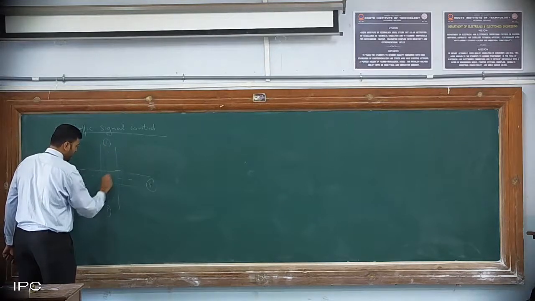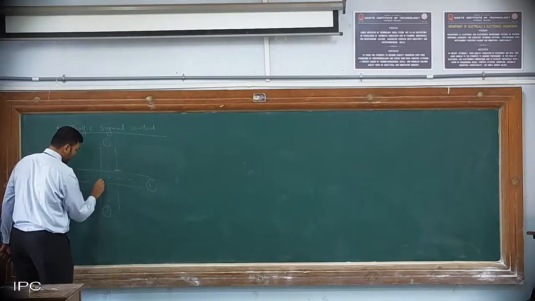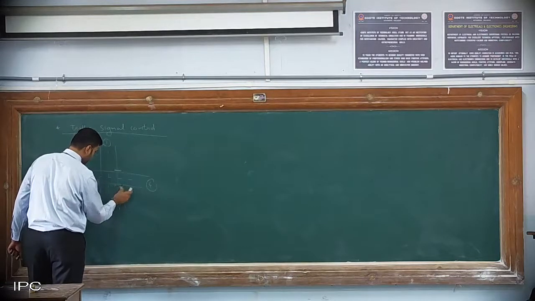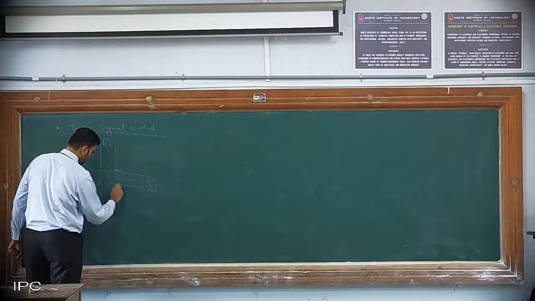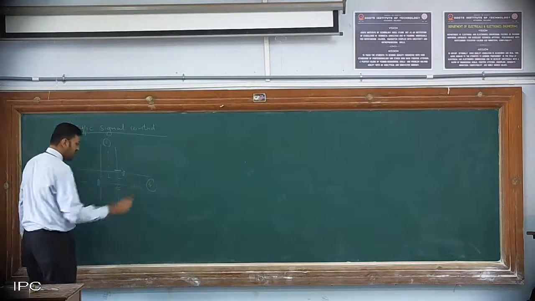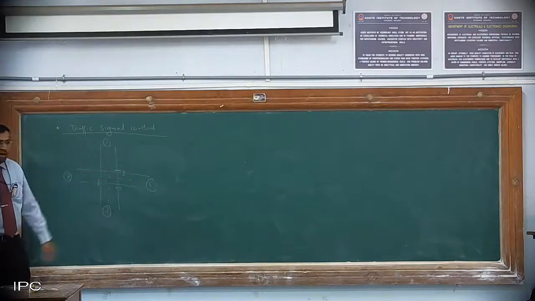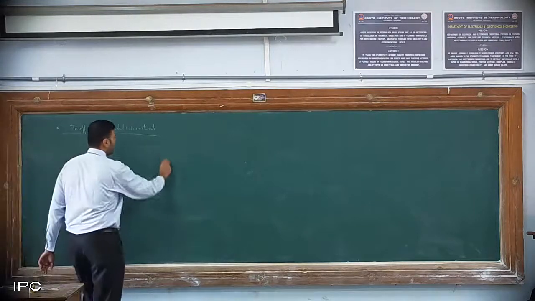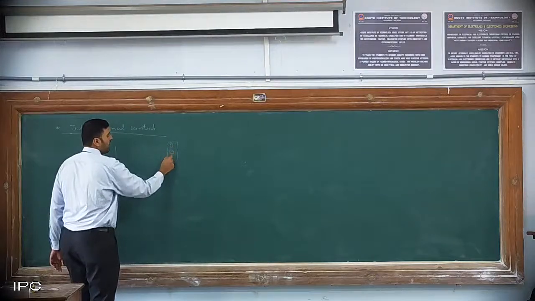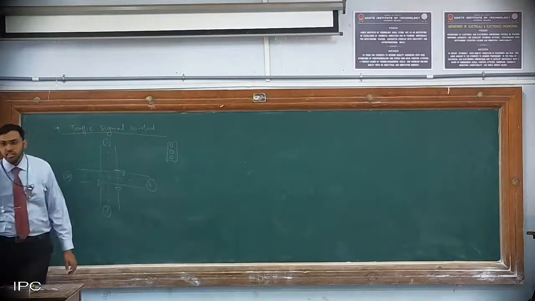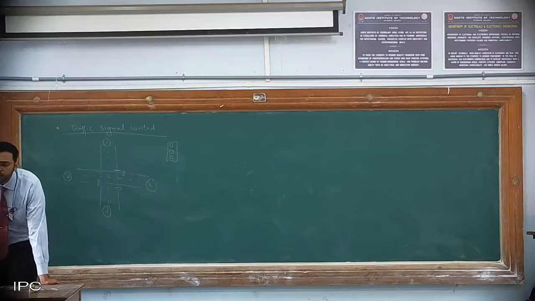There is a traffic signal here, then there is a traffic signal here, and there is a traffic signal here. Let's just consider that these are signals. All the signals will have green, orange and red, wherein red is stopping and green we have to move.